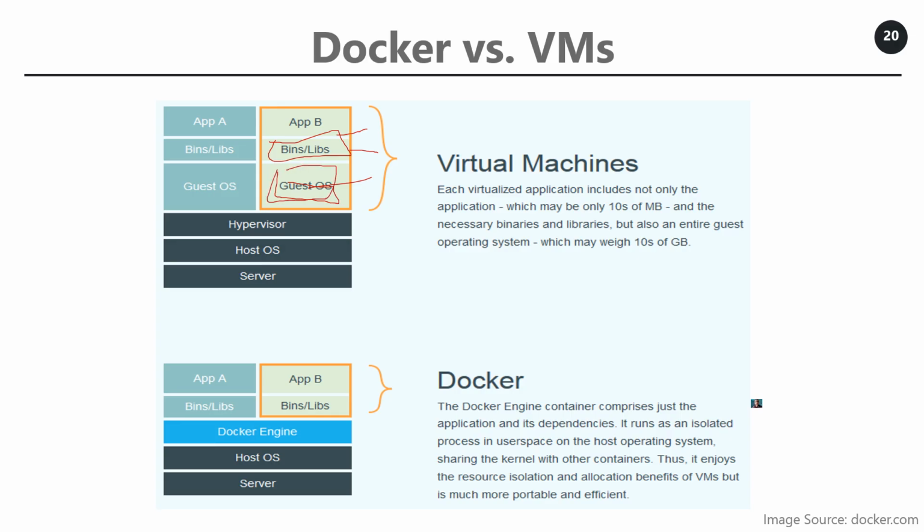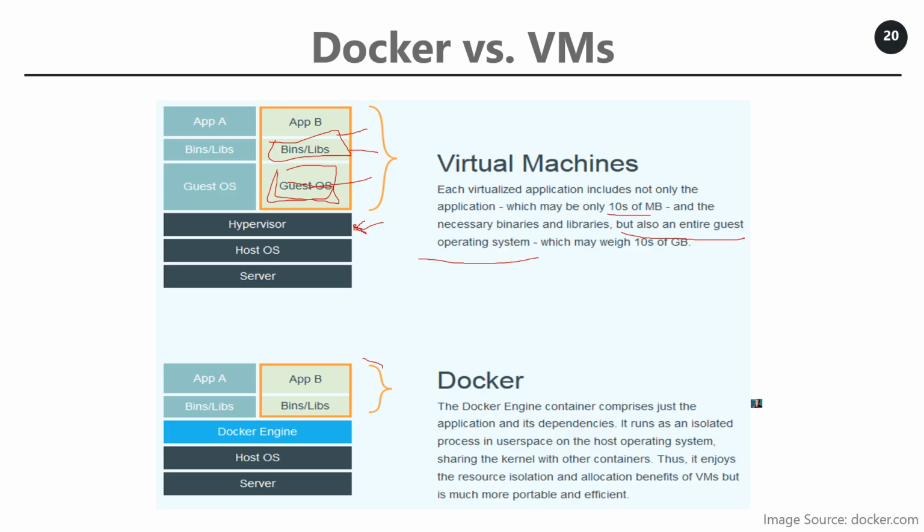Each virtualized application includes not only the application, which may be only tens of megabytes, and the necessary binaries and libraries, but also the entire guest operating system, like we discussed before. And it all runs on the hypervisor. The hypervisor is responsible for managing all the virtual resources and interfaces with the VM. It's the interface between the VM and the physical hardware, the physical resources.